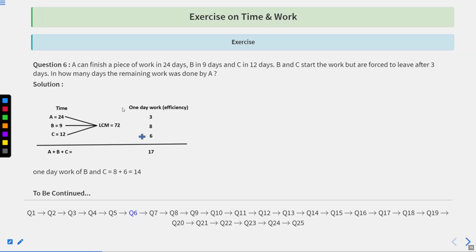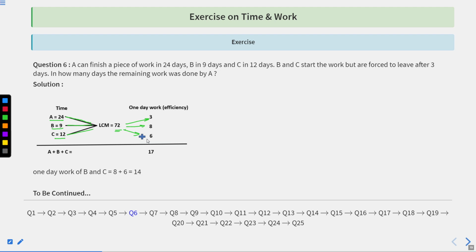So first of all, it is given that A takes 24 days to complete the work, B takes 9 days, and C takes 12 days. So the combined LCM will be 72, and 1 day work efficiency of A is 3, 1 day work efficiency of B is 8, and 1 day work of C is 6.